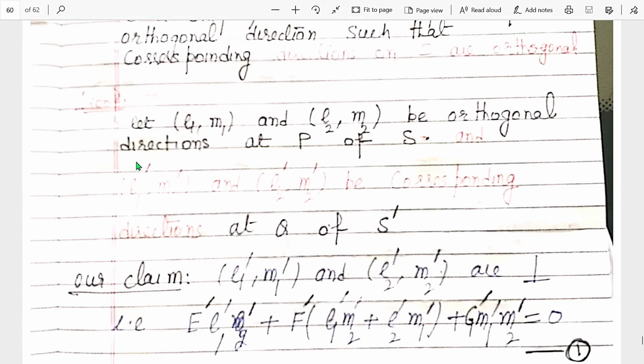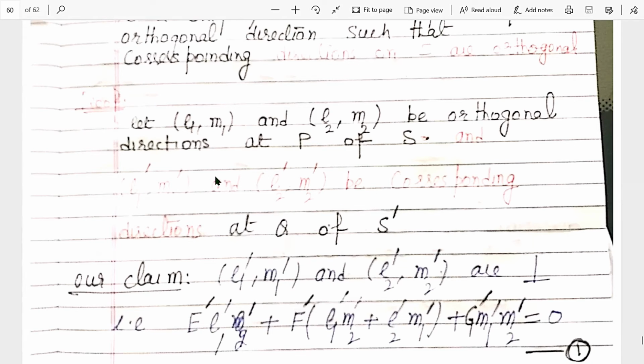In S we take two directions, L1 M1, L2 M2, and their corresponding directions in S dash are L1 dash M1 dash, L2 dash M2 dash. These are the corresponding directions at Q of S dash. Our purpose is that these are orthogonal, and these are also orthogonal.